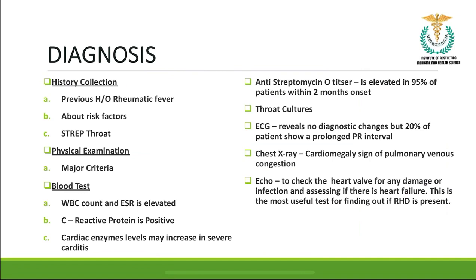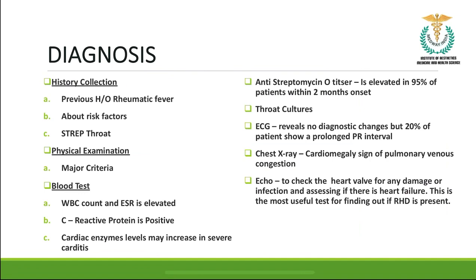Coming to the blood test, WBC count and ESR will be elevated, as I have mentioned before. It will be elevated in case of rheumatic heart disease. C reactive protein will also be positive and increased in case of an RHD individual. And cardiac enzyme levels also increase in case of severe carditis.